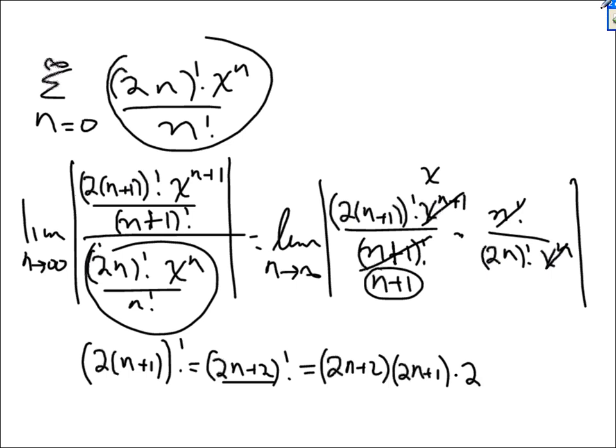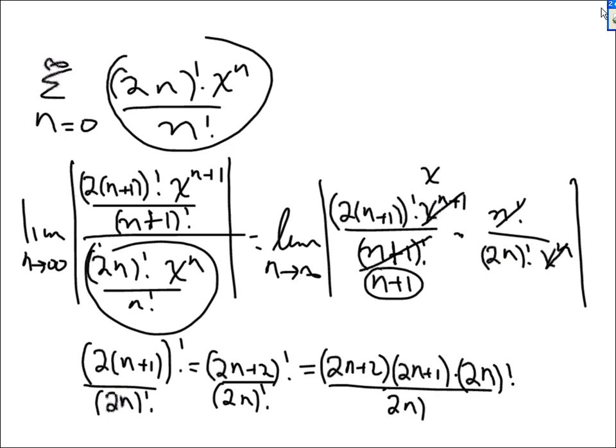But the 1 less is 2n, all the way down to 3, 2, 1, is 2n factorial. And if you have 2n factorial in the bottom, that cancels out, and what survived is 2n plus 2 times 2n plus 1.